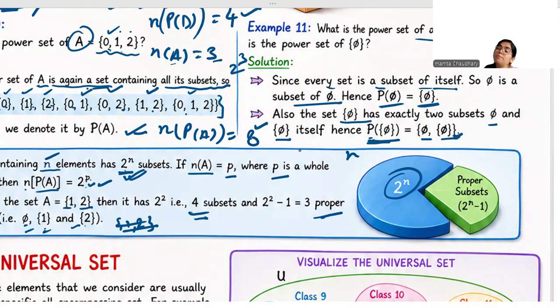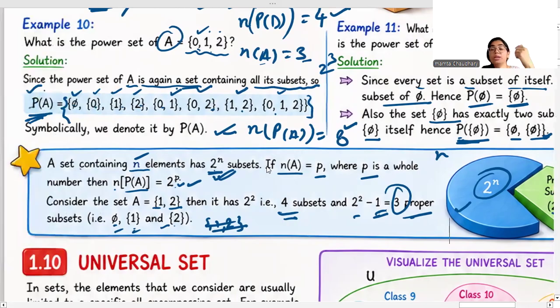But if we talk about the proper subsets, we have to remove that set as it is exactly the same. So we will remove one set. So how many? 3 for this one case. And what formula can we write? 2 raised to power n minus 1 proper subsets are there. Total subsets are 2 raised to power n. And if we remove the set itself, then all the remaining are proper subsets. So we call it 2 raised to power n minus 1.